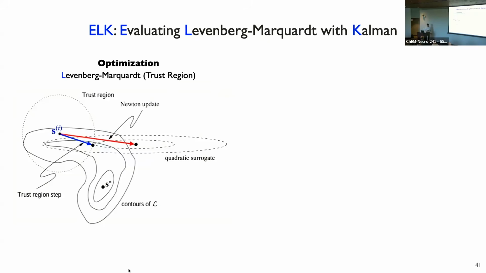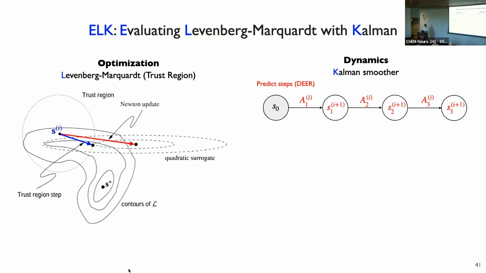And how are we going to port this into dynamics in a way that remains parallel? This is where Kalman comes in. The Kalman smoother is a workhorse in dynamics, basically to figure out where something that's evolving is if we get readouts from it. The standard example is always like you have an airplane or a spaceship flying in space, and you know how it's evolving over time.